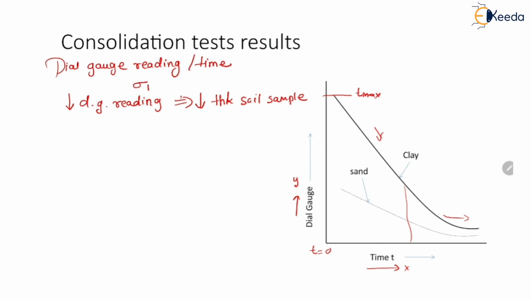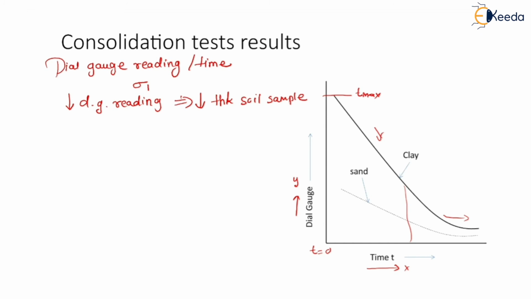The change in thickness occurs mainly due to expulsion of water. That's why permeability of soil plays an important role in this. Sand is more permeable as compared to clay. That's why in sand, change in thickness occurs quickly and stops after few minutes due to its high permeability.